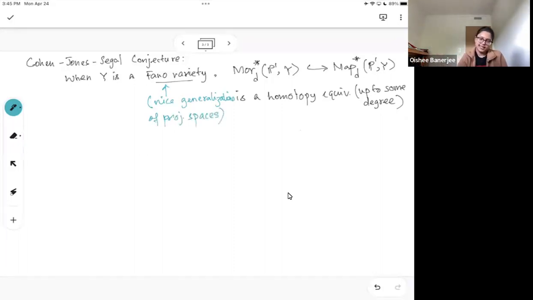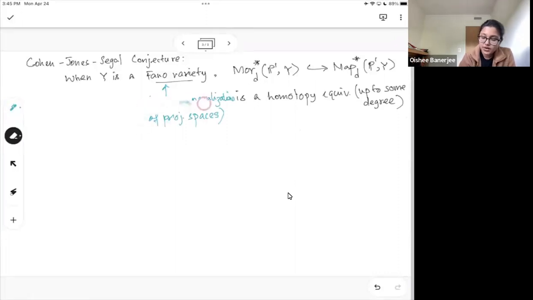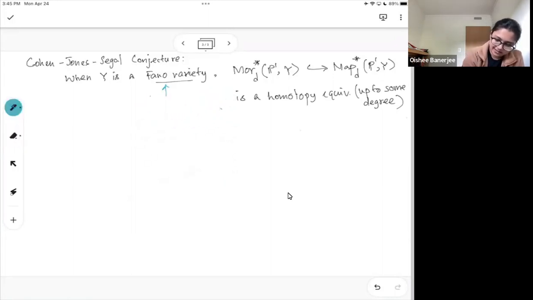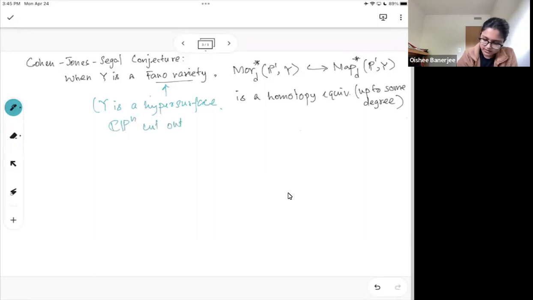And one super hard situation where this conjecture is still not known is the case when Y is a hypersurface in CPN, cut out by some homogeneous polynomial.